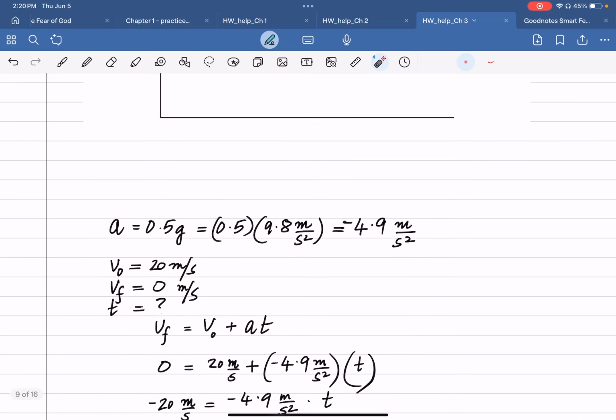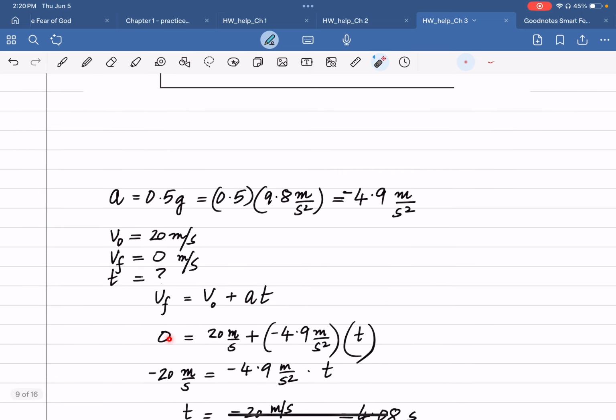Plug in the numbers. V final is 0. Initial is 20 meter per second. A is negative 4.9 meter per second squared times t. Now subtract 20 meter per second from both sides, which will cancel it out here, and you will have a negative 20 meter per second on the left side, right?